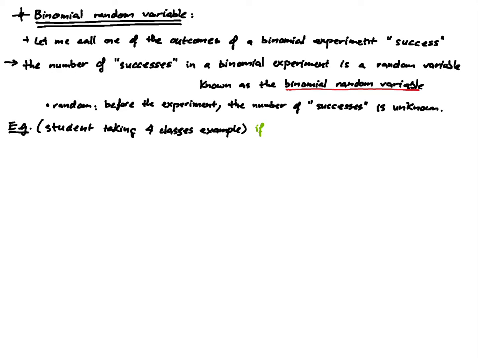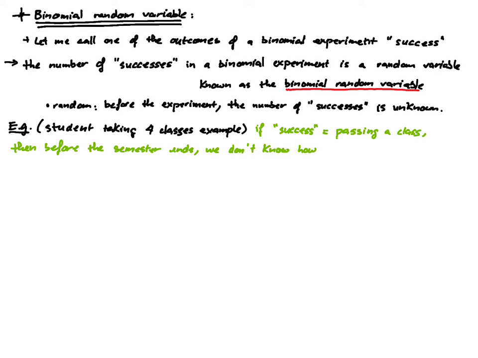If I define success as passing a class, so if success is passing a class, then before the semester ends, we don't know how many classes the student will pass, right? And so it is random.